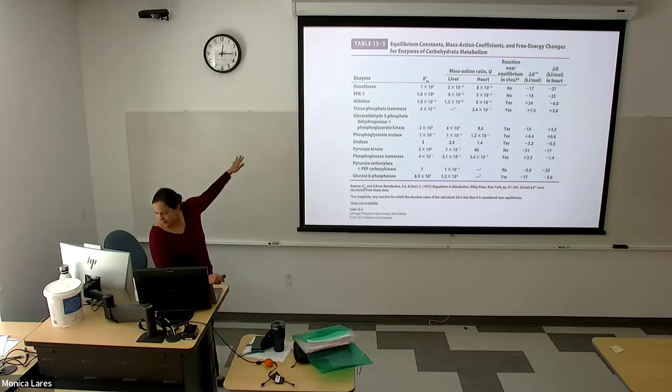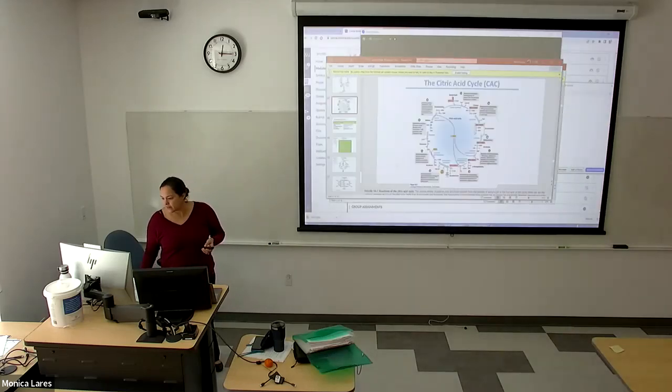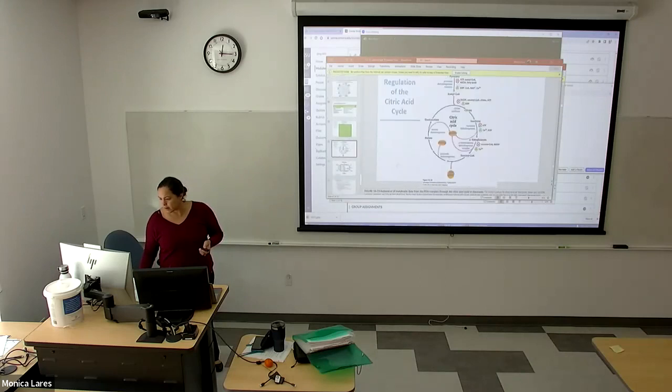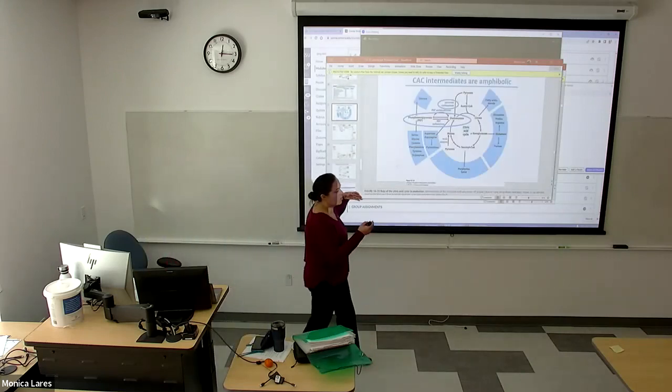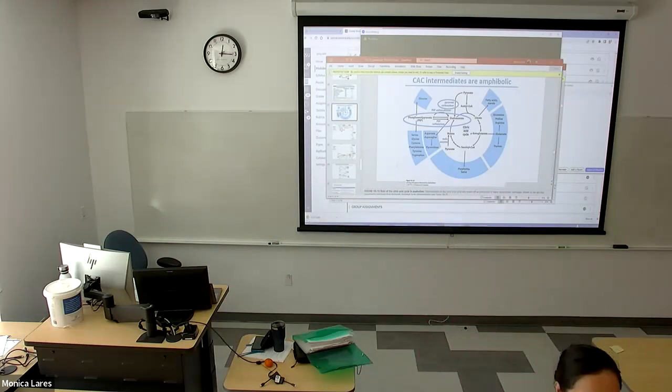We're about done with class time here, but something interesting to think about is, if we're looking at these points of regulation, citrate synthase, isocitrate dehydrogenase, alpha ketoglutarate, and we go back and look at where things branched off, we're regulating at those branch points because we want to be careful: what's the need of the cell?